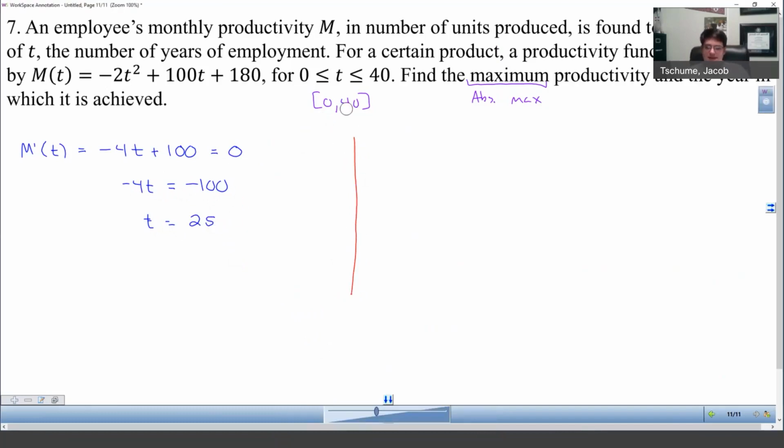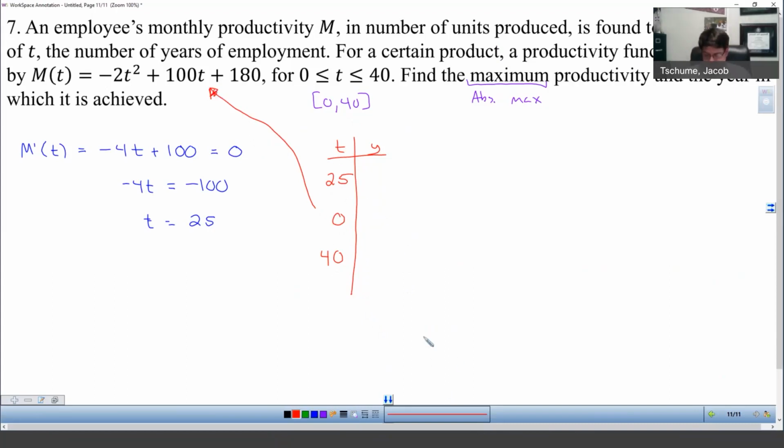I'm going to make a t-chart. Now, normally I would call this x and y, but since my variable is t, we'll call this t and y. My only critical value is 25, and then I have to check my endpoints, which are 0 and 40. And you're going to plug these 3 numbers back into the original function.